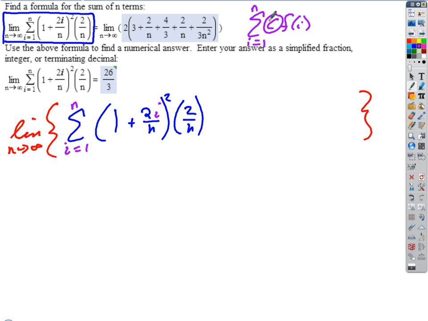We can move it out front because it's just going to be multiplied by every term that we get, for every value of i. There are no i's in it, so it never changes, right? So for one thing, what could we do with this, I guess, is what I'm getting at.